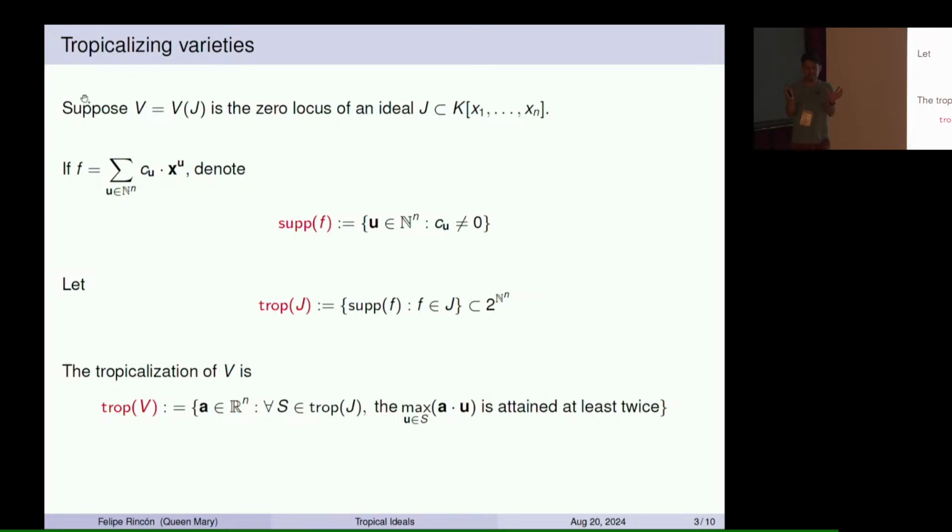So once you have that combinatorial information, the collection of all supports of polynomials in your ideal, you can define the tropicalization of your variety, of your zero locus, to be just the set of directions a in R^n such that for every support S in the tropicalization of J, when you maximize over the elements of S in the direction a, the maximum is attained by at least 2 terms in S, okay? I'll give you an example of this in just a second.